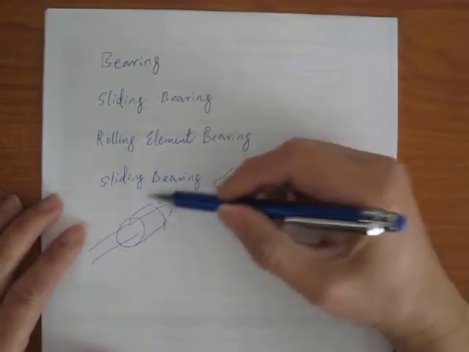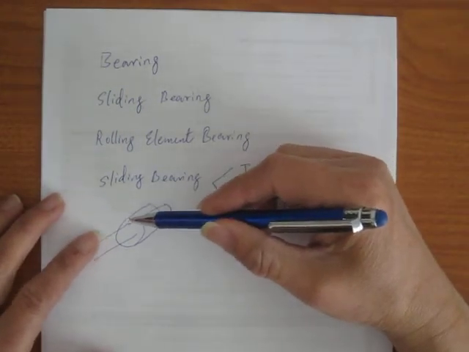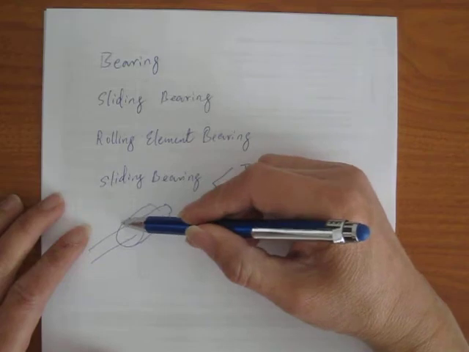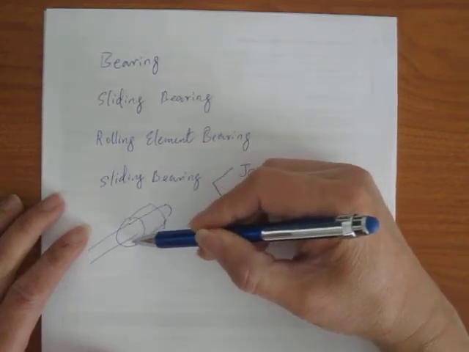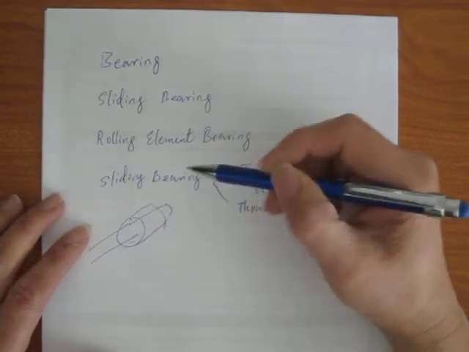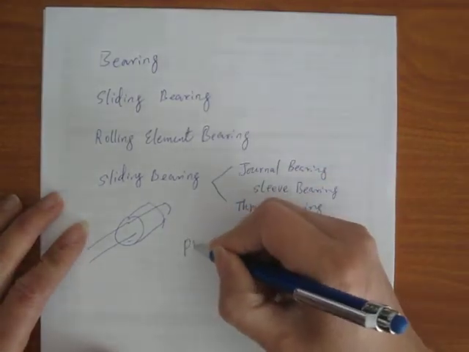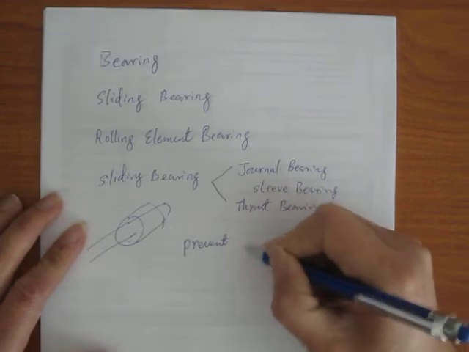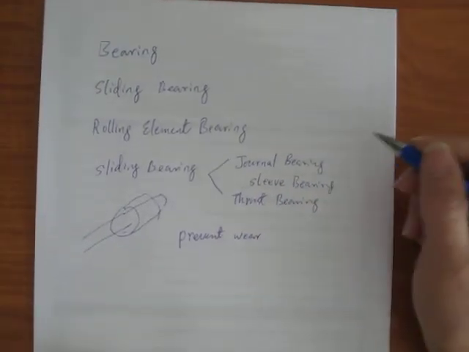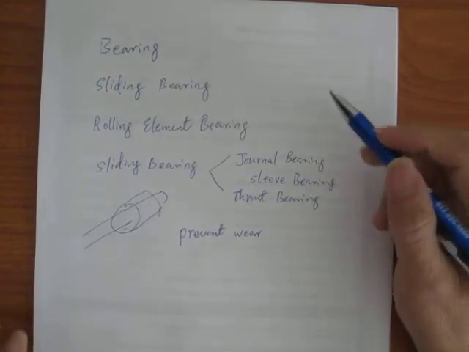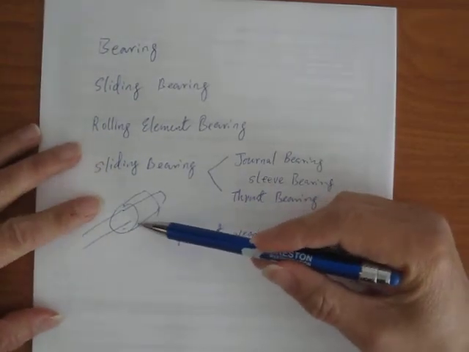The reason we call it a sleeve bearing is that sometimes we have a case or a sleeve in the support, to prevent wear. So we call it sleeve bearing.